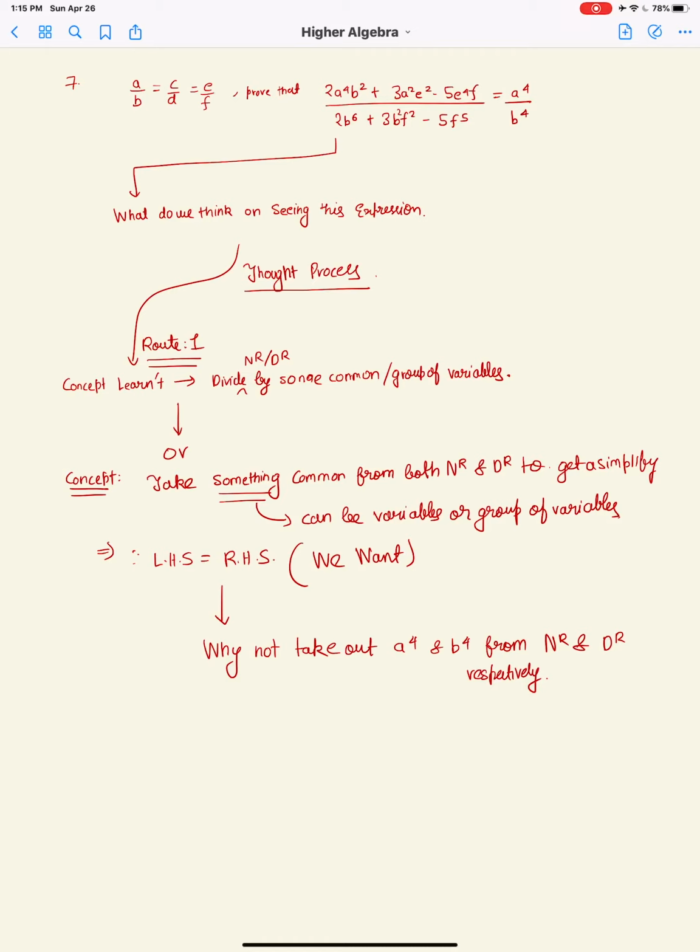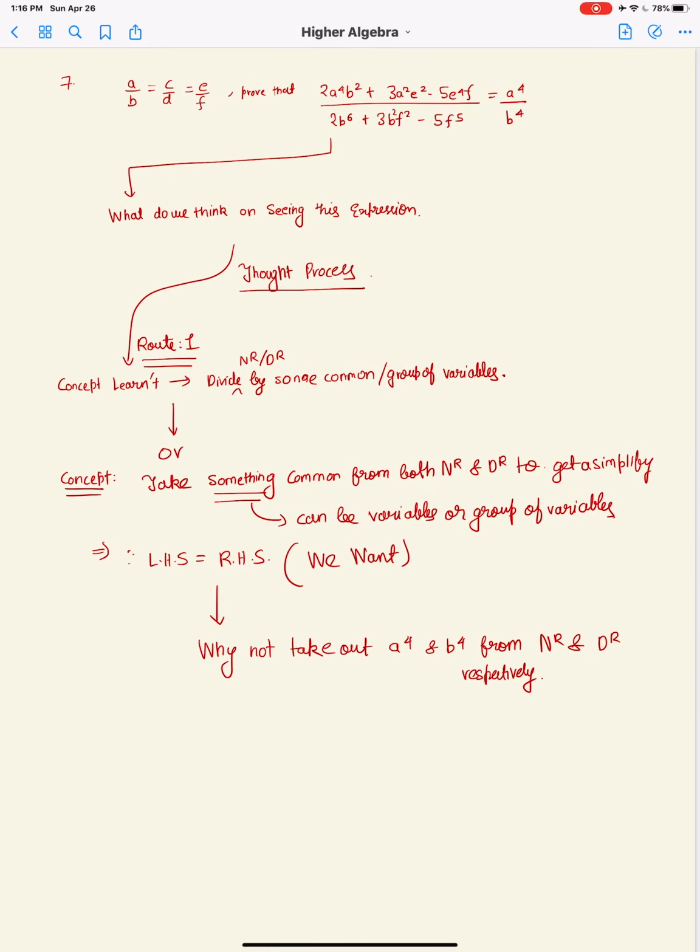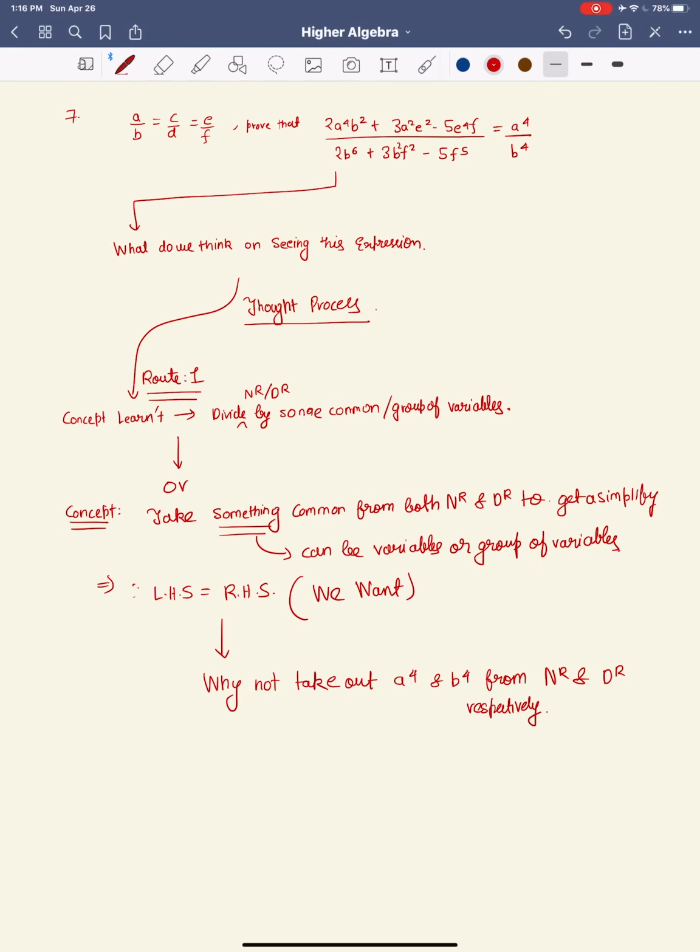The concept we learned in one of our previous problems was to divide numerator and denominator by a group of common variables, or extend that to take something common from both numerator and denominator, so that we get a simplified, understandable version on the left hand side, so that it makes sense to use the information which is given to us and substitute it in that simplified expression.